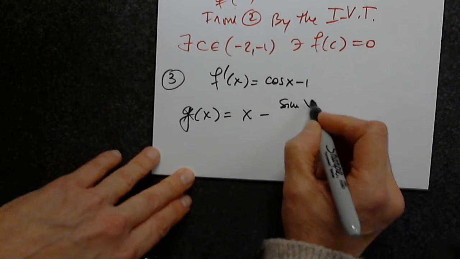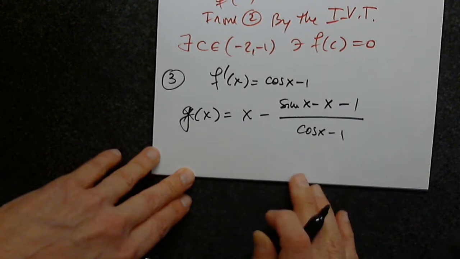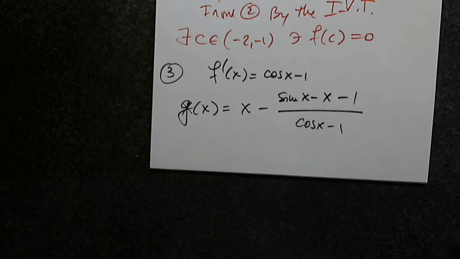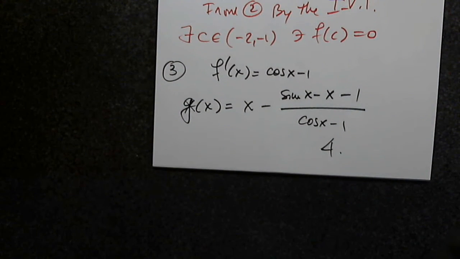So sine x minus x over cosine x minus 1. And I don't know how many decimal digits we want. Let's say 4. Is 4 enough? 4. Good. So let's go back and put the function in y equals.